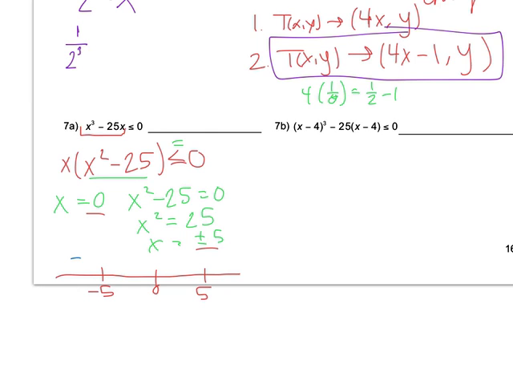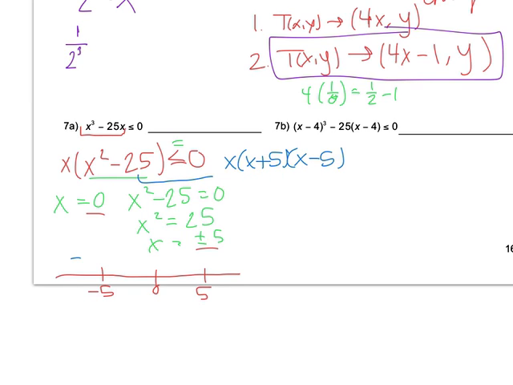which is negative. If it helps, you can think of this in terms of x times x plus 5 times x minus 5. So if I pick a value between -5 and 0, say I pick negative 2, that would be a negative value, positive value, negative value.